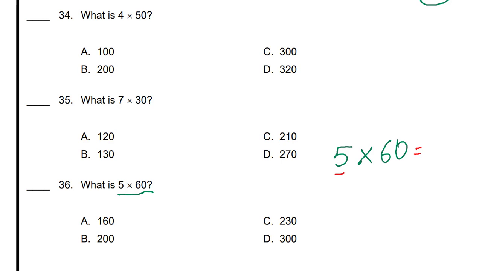We start with 5 times 6. 5 times 6 equals 30. And we will take the 0 in the 60 and put it in the other end. It will be 300. Excellent. So we put the 0 to the right and it will be 300.